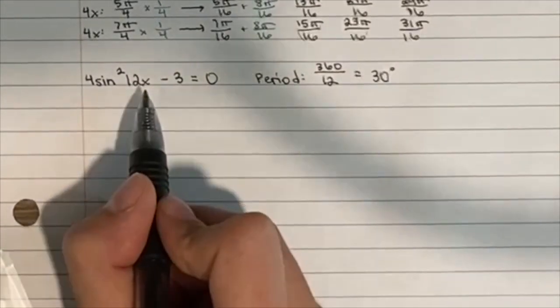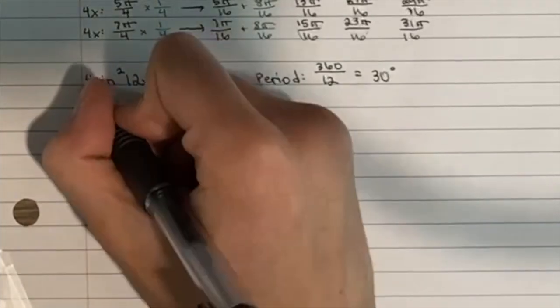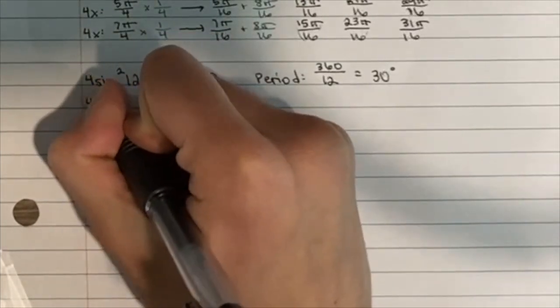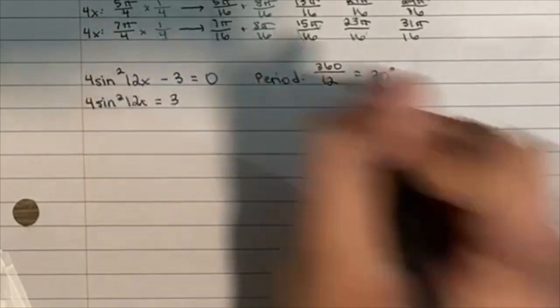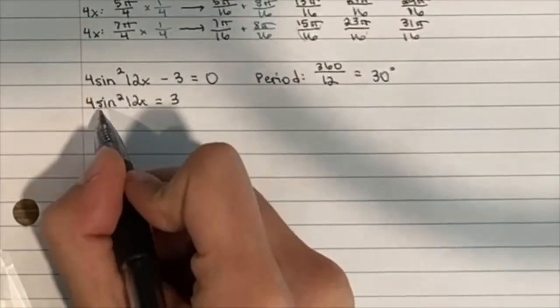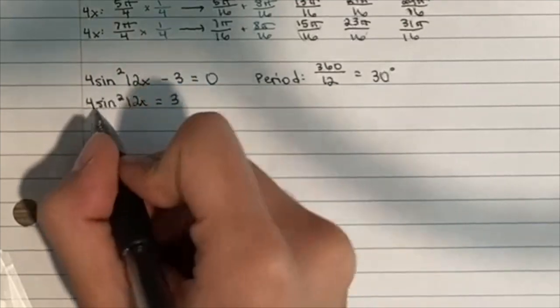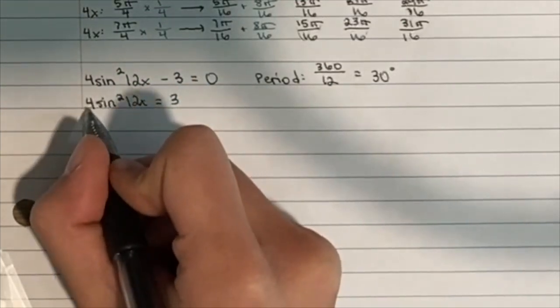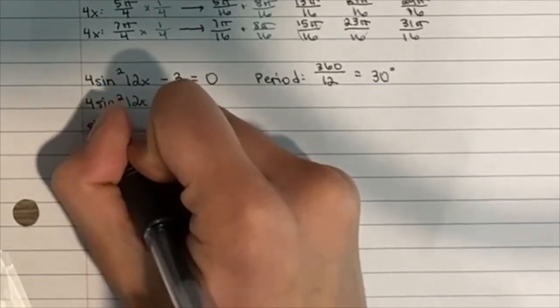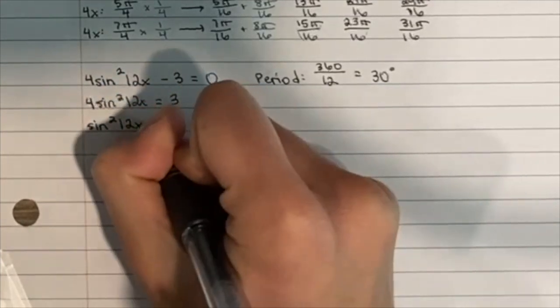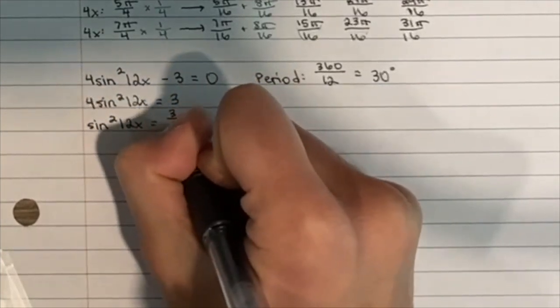So first things first, I'm going to move the 3 to the other side. That gives 4 sine squared 12x equals 3. You have to divide by 4 first before you take a square root. So divide both sides by 4. That gives sine squared 12x equals 3/4.